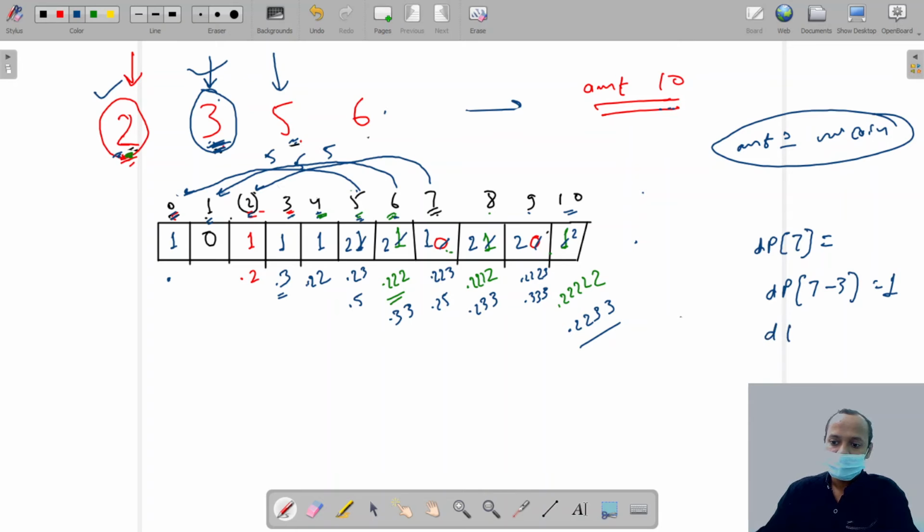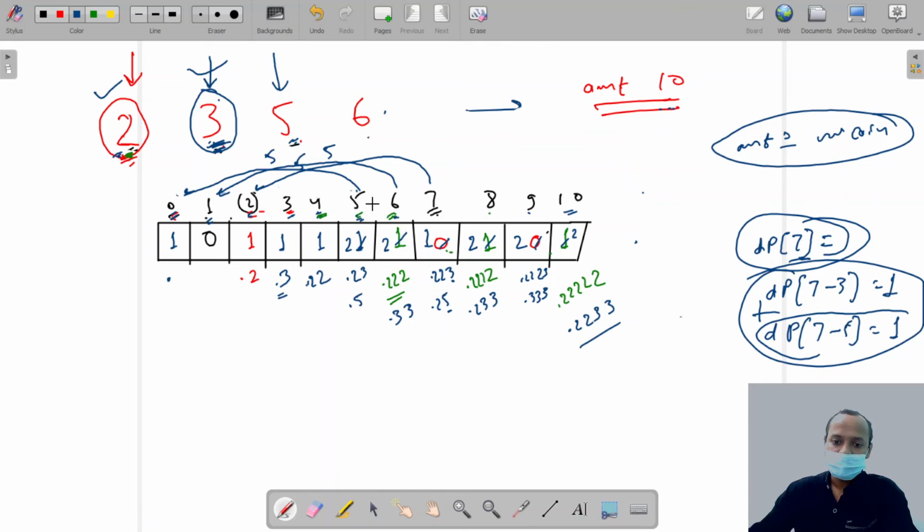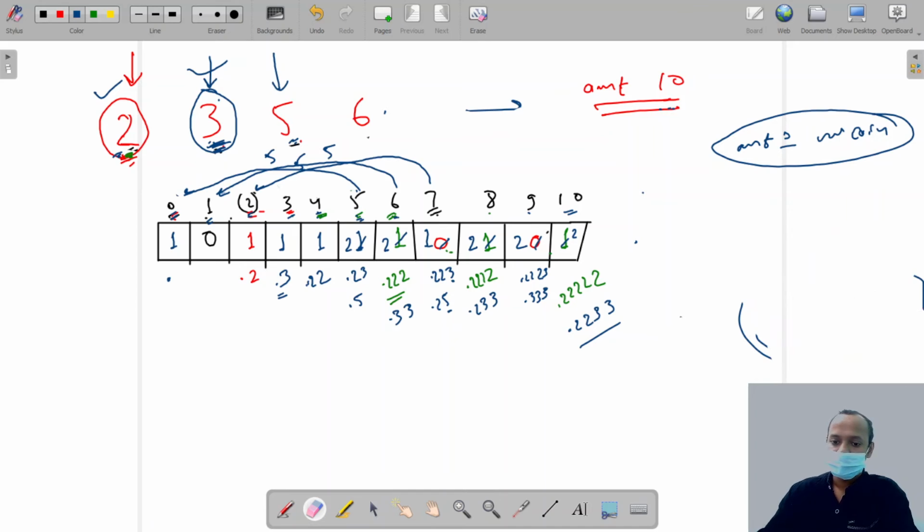Then this time we subtract this value, 5. Here we get another one, and we add this value in our dp at this point. So here are a total of 2 ways, that is 0.223 and 0.25, to pay this amount.